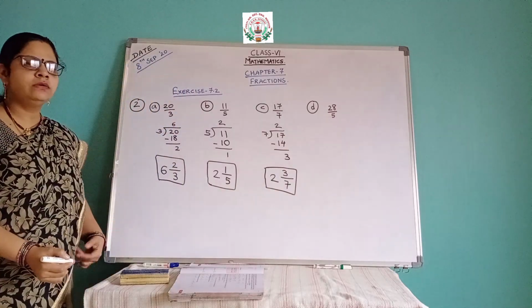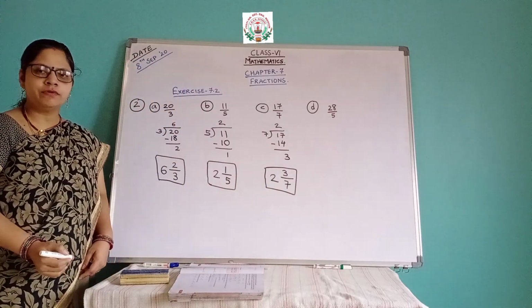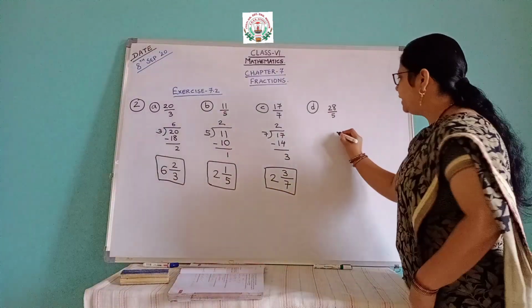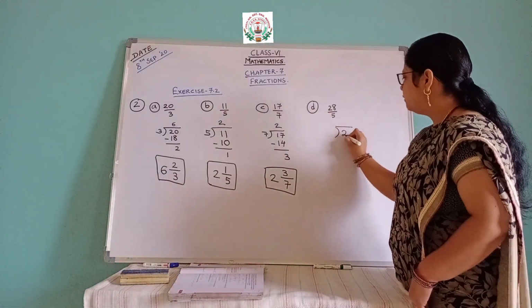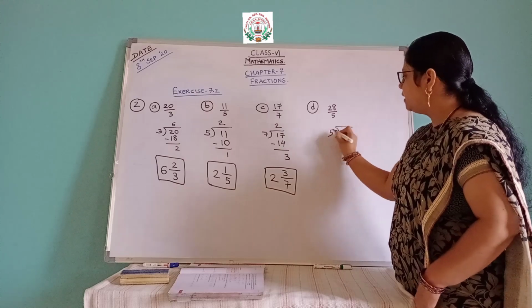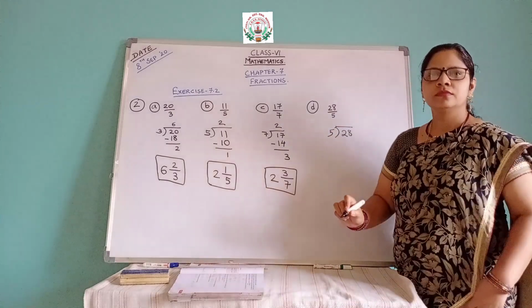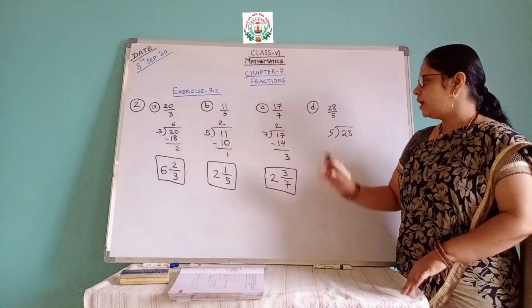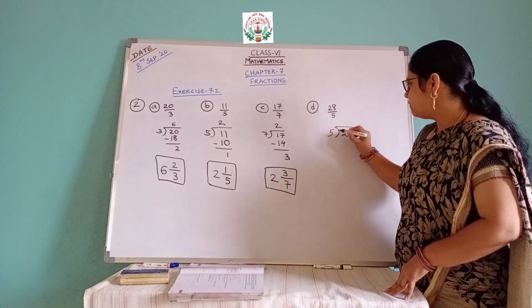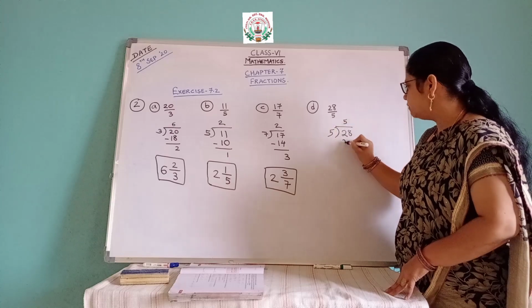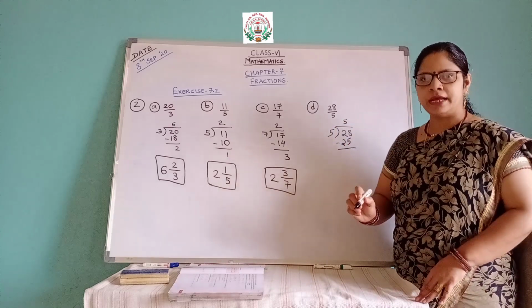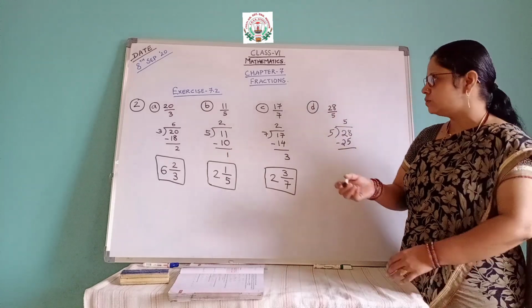Then next one, 28 divided by 5. One digit is not possible. Taking two digits, 5 5s are 25. Division, no need to explain; this you have been studying from class 2, 3 onwards.